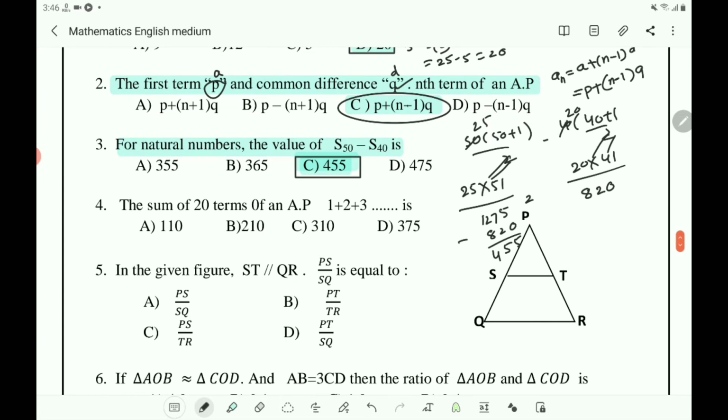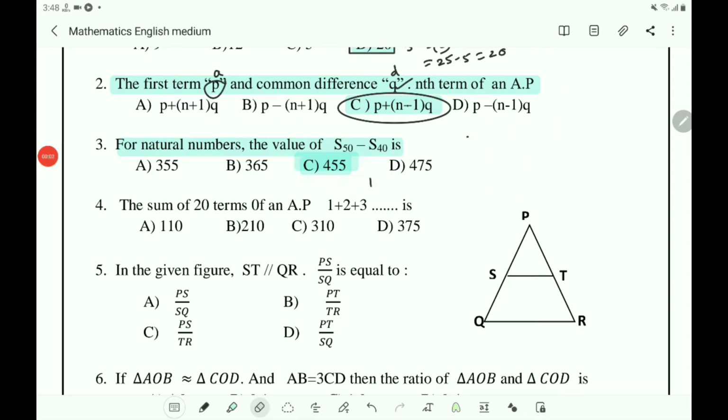Next you take question number 4. Now the question number 4. The sum of 20 terms of AP 1 plus 2 plus 3 and so on is. Here sum of first 20 terms of AP 1 plus 2 plus 3 and so on is asked. So a is 1 and d equals 2 minus 1, which equals 1. Then n equals 20.